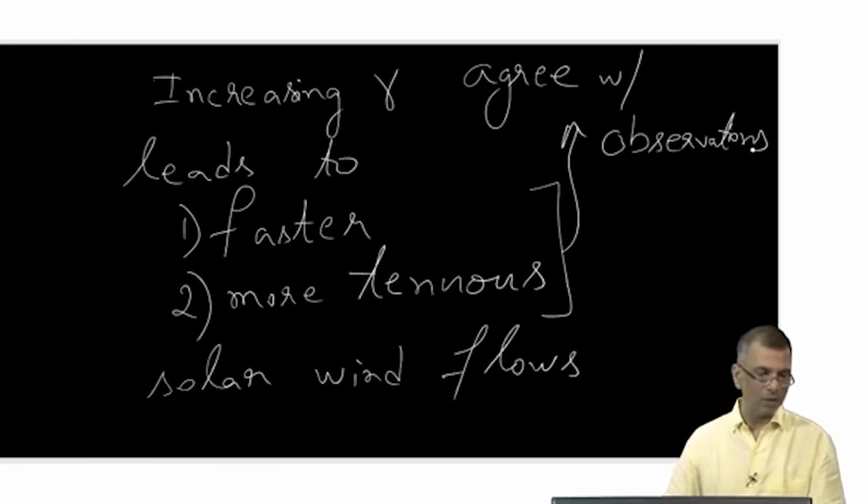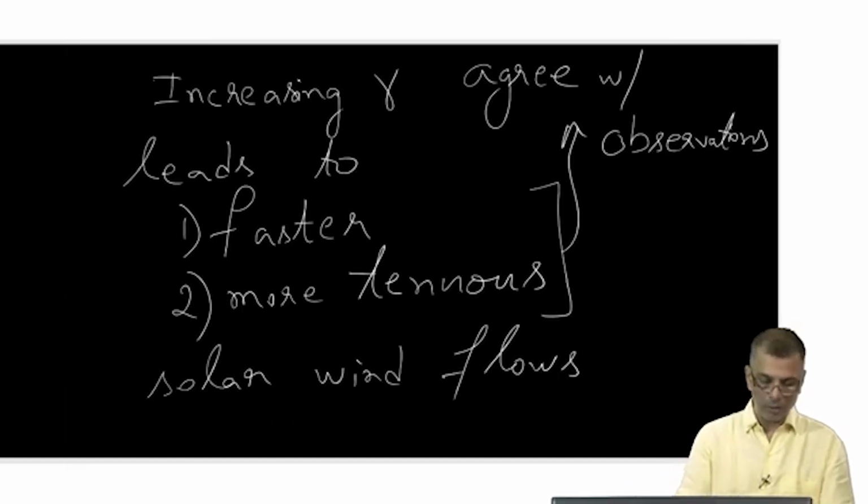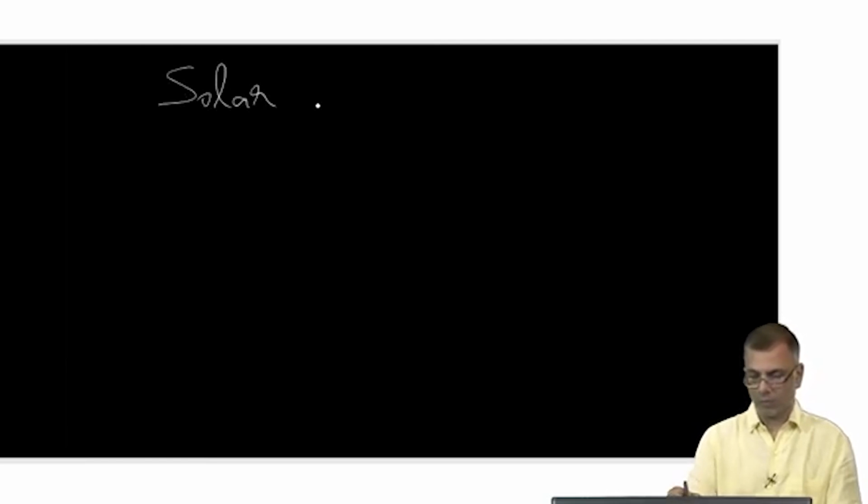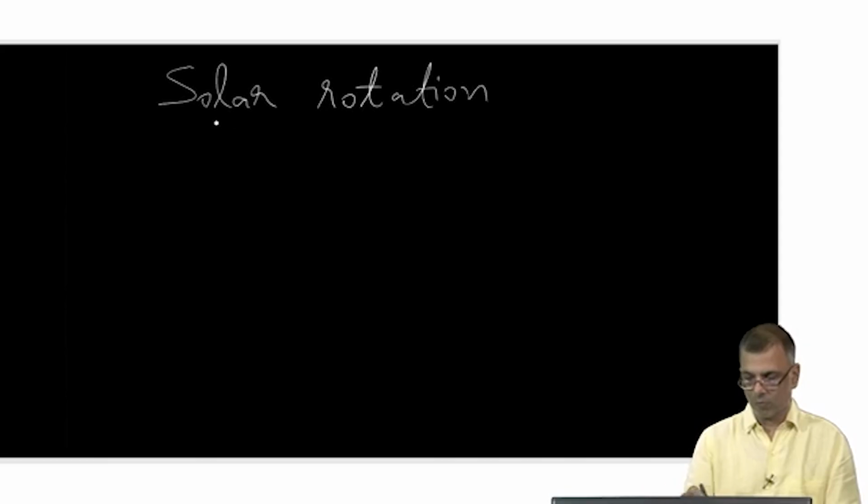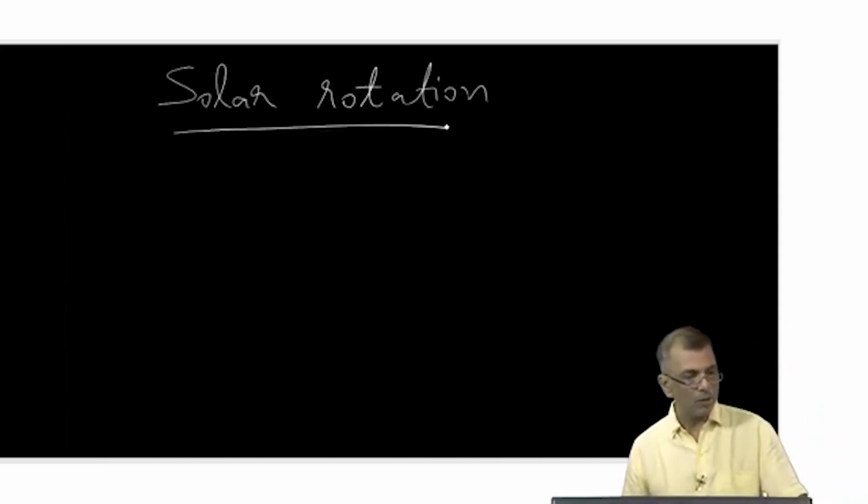So, this is one modification from the standard Parker wind solution that I thought I would point out. There are some other interesting modifications, and I will discuss them one by one. The other interesting modification has to do with solar rotation. Now, what about this?